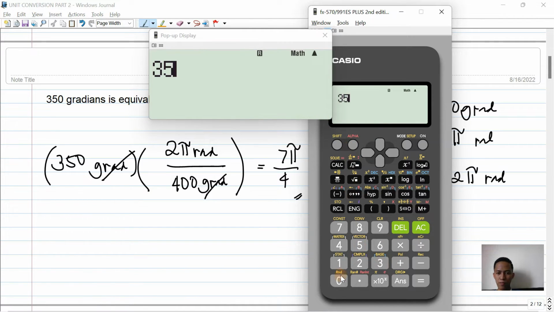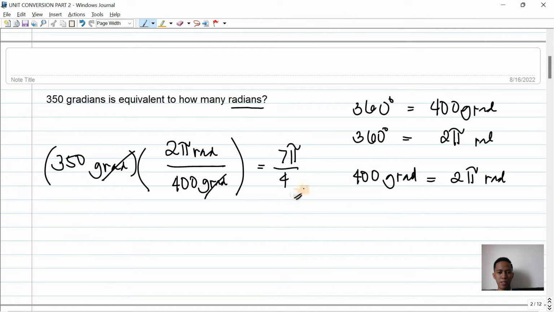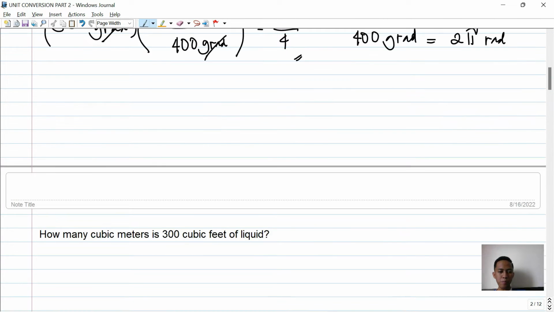So, 350. Gawin natin gradients yung angle niya. So, shift, answer. Okay, pili ka dyan. So, for gradient, number 3 siya, yung may G. So, click mo lang yung 3. Then, ibig sabihin nito guys, yung 350 gradients, kino-convert natin to radians. So, just click equals, gives you this one. Okay, so automatically it will convert it to radians. Okay, 7 pi over 4 radians.